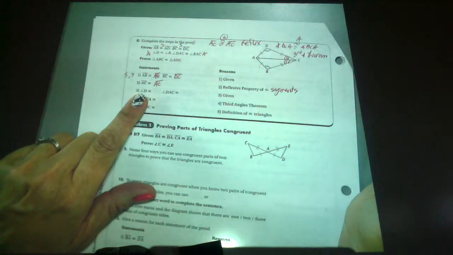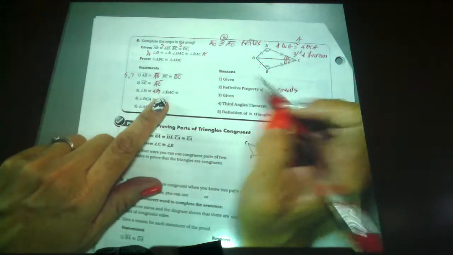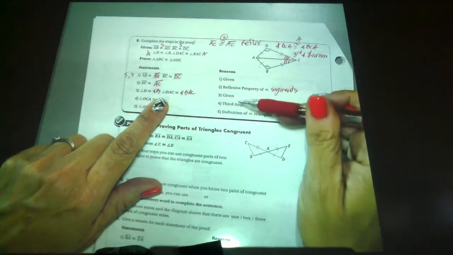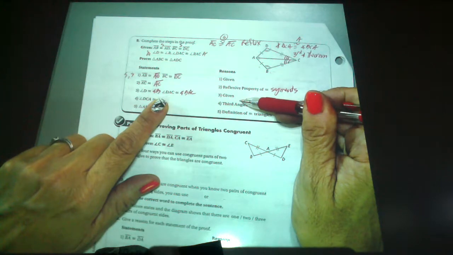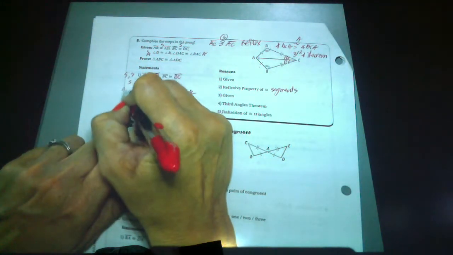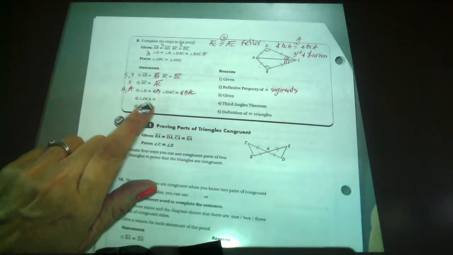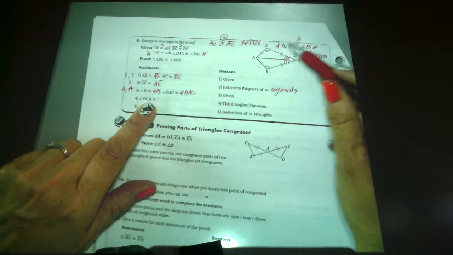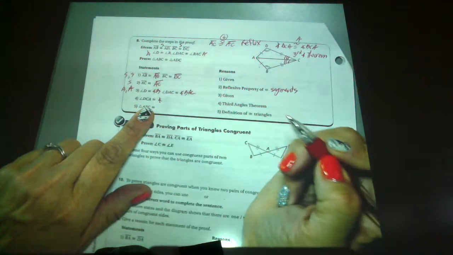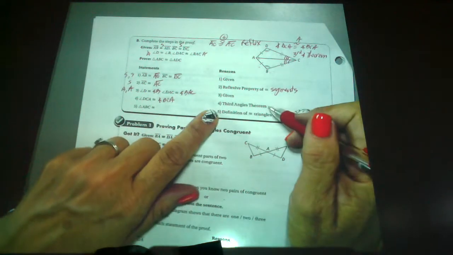Then angle D is congruent to angle B from our given. And DAC is congruent to BAC from our given. And so that's another side up here, and these are 2 angles. So there's 5. Our 6th one was the one that we came up with here. Angle DCA is congruent to angle BCA. And they wrote the third angle theorem.